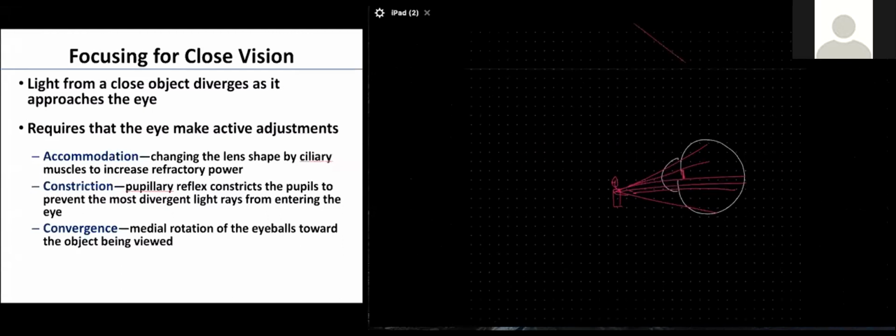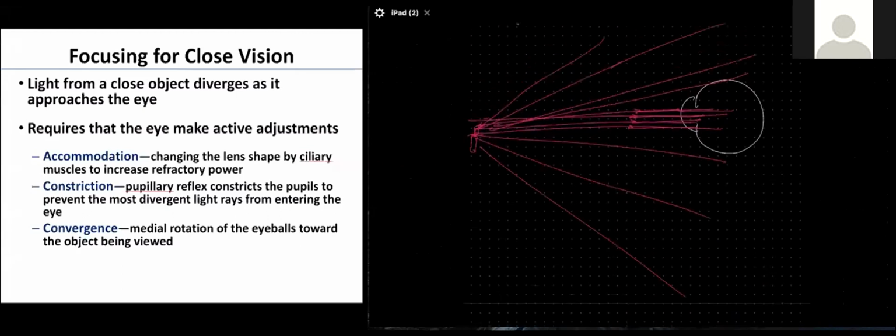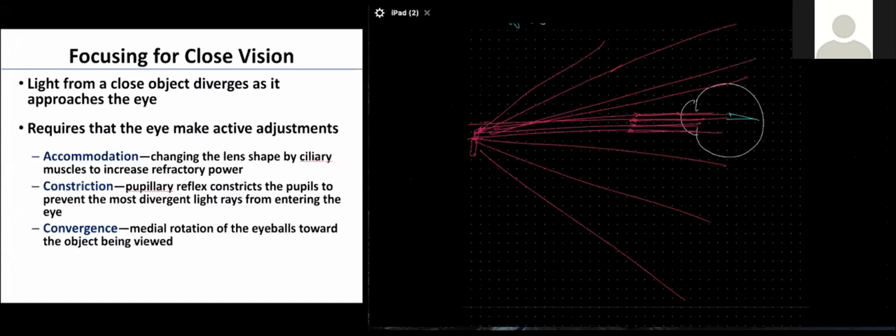So it's going to be more challenging for the eye to converge those light rays together for them to fall on the retina. Compared to here, I don't need much convergence power to converge those parallel light rays.